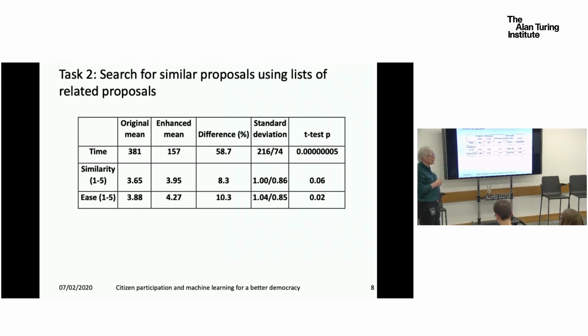We're very clear that is a significant result, and also they found it easier to do. But perhaps there's some indication we need to look again at how we are performing the similarity test in order to improve that result. And when we come on to further work, that will be one of the things that we will be doing as we go forward.